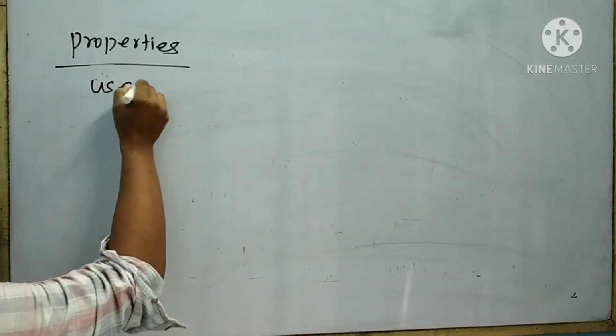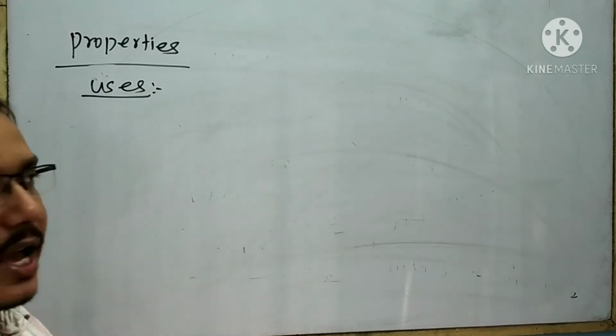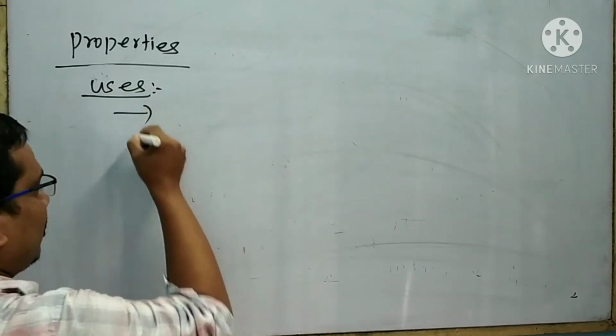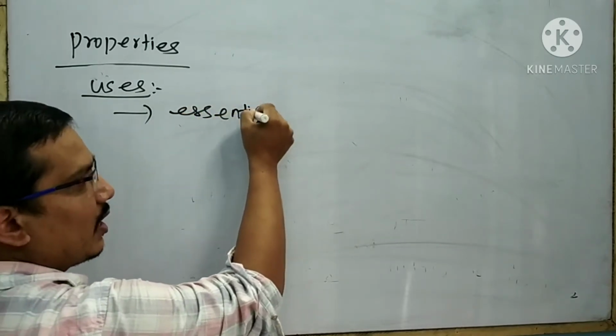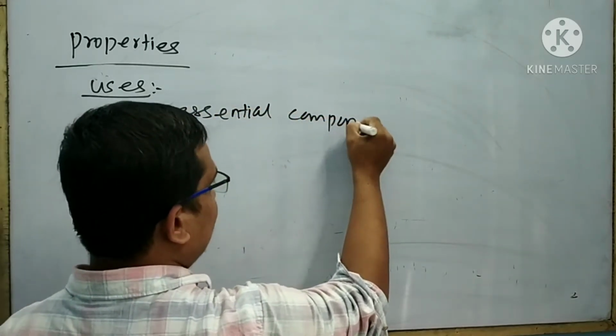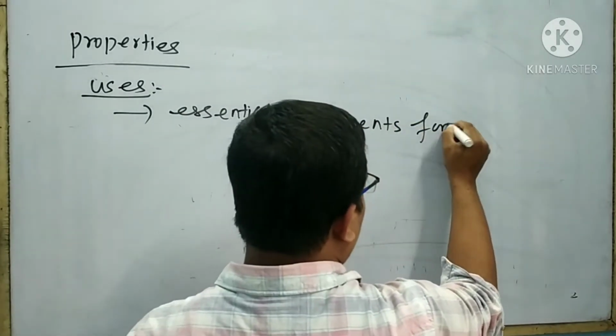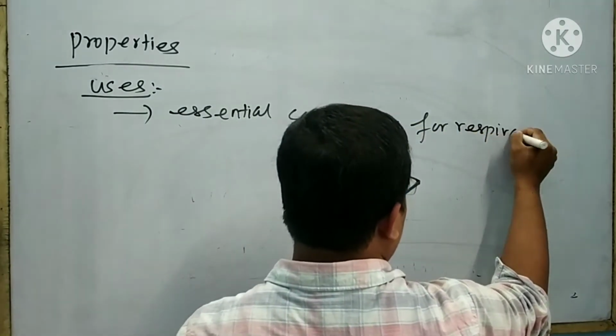Next I will explain the uses of dioxygen. Dioxygen is an essential component for respiration.